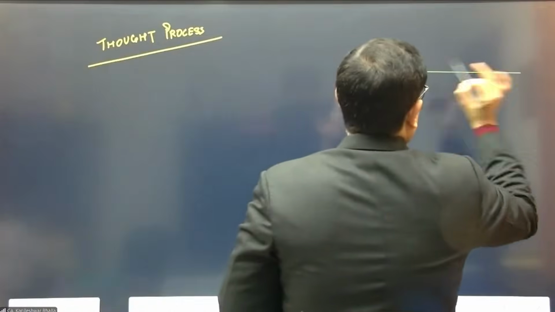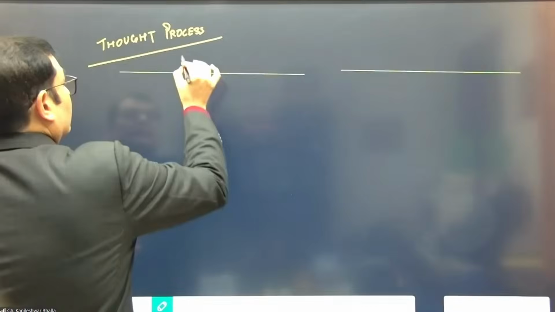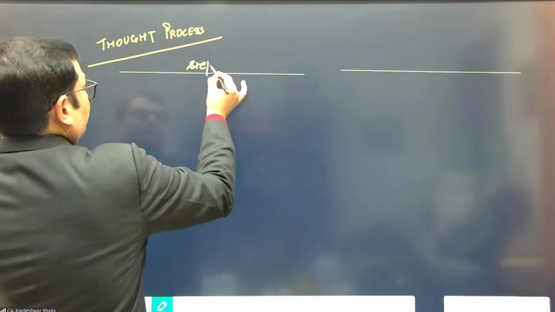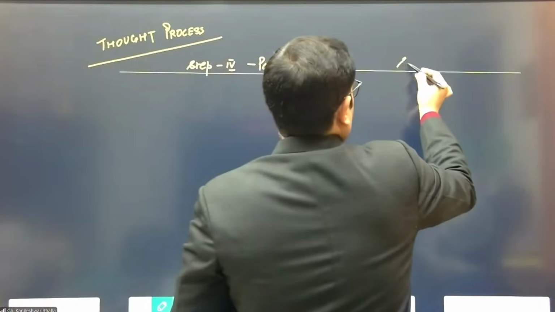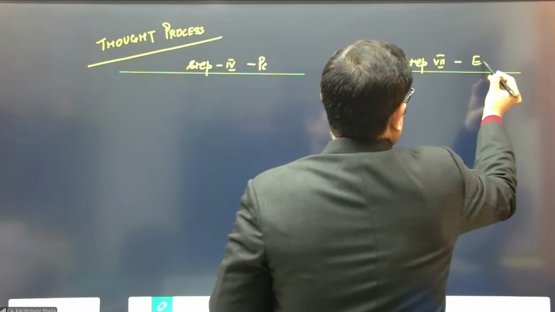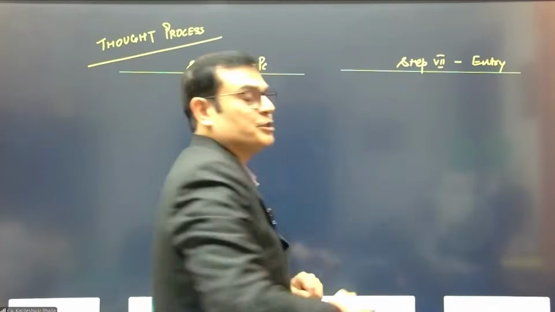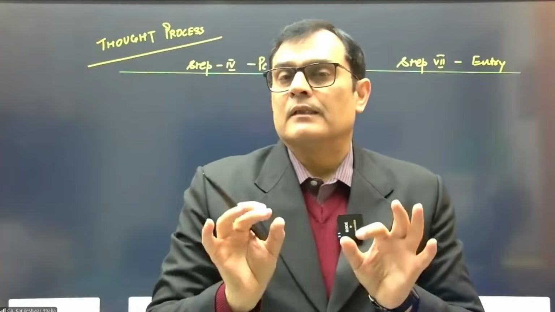So I'm looking at step number 4 and step number 7. Step number 4 is the purchase consideration, and step number 7 is the journal entry for acquisition accounting. Now, please hear this very carefully.